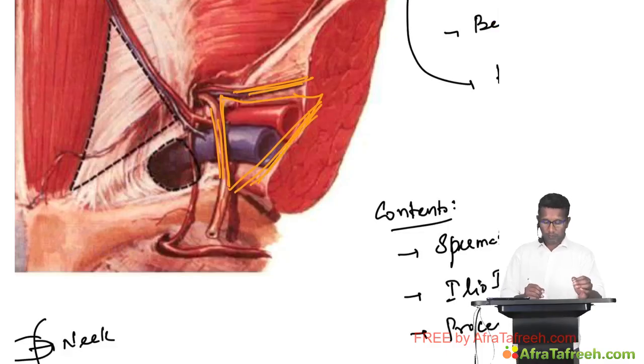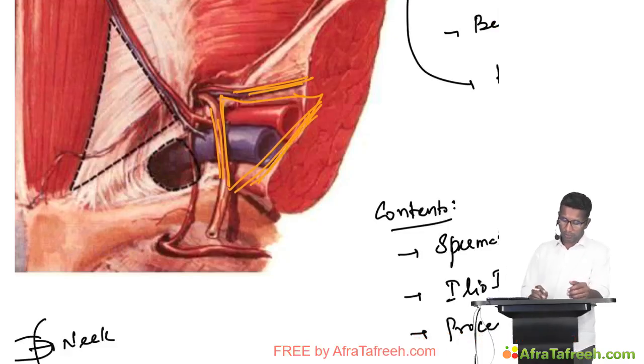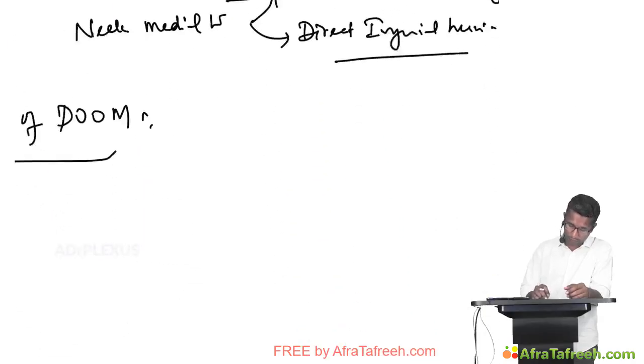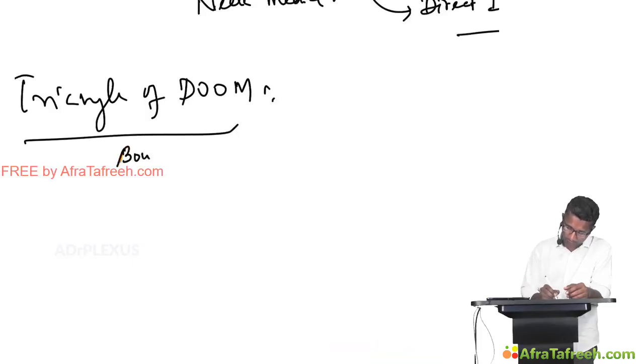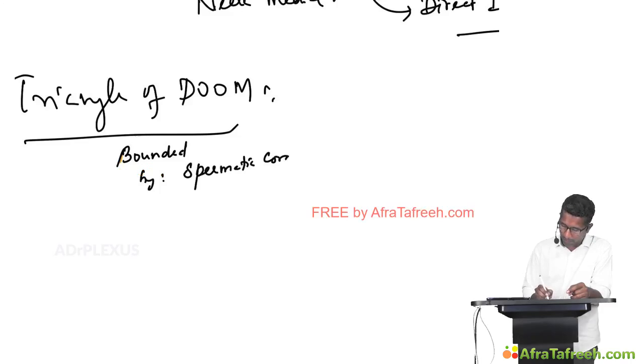This triangle formed between these three boundaries is called the triangle of doom. It is bounded medially by the spermatic cord.